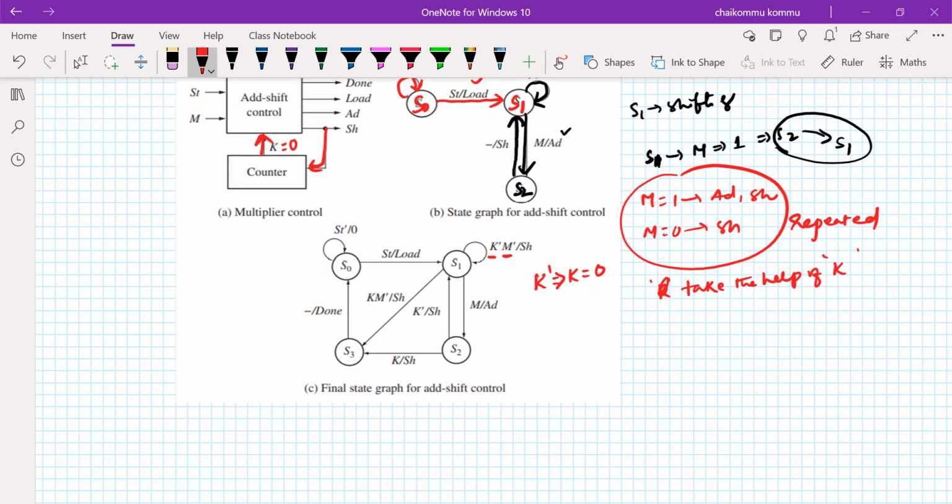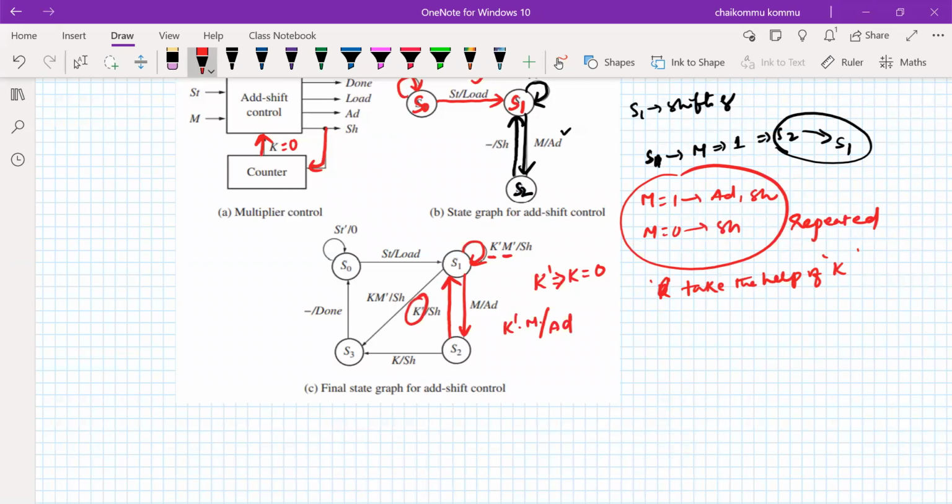So now if we are in the same state, for M is equal to 1, we'll take the S2 state. If M is not there, sorry, when M is done, shift has to happen, so shift happens, but we are going to add with K dash. Here also we can put K dash, so we can write K dash, comma, M, comma, by add. There is no issue at all.